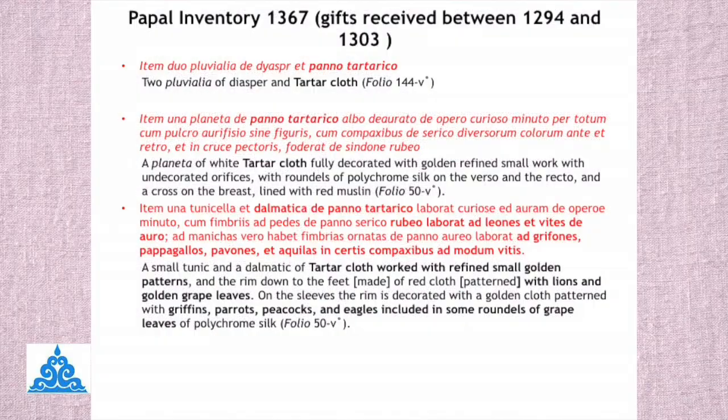Like in Buddhist contexts of Dunhuang and in Turfan, Christian treasures were indeed enriched by gifts from believers in exchange for indulgence. The inventory of Pope Boniface VIII represents one of the most valuable documents regarding papal treasures.